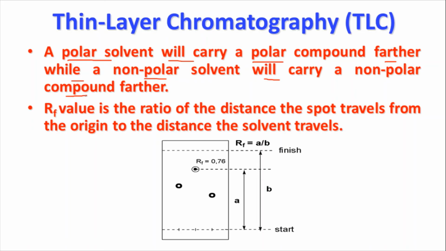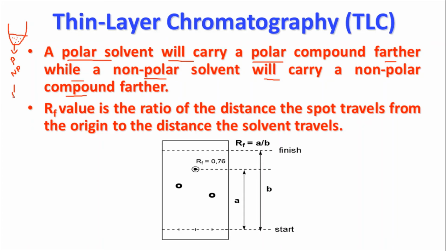But we don't know what type of components are there in our given mixture. Maybe the mixture contains polar components or non-polar components. But we are going to achieve the separation. How is it possible?